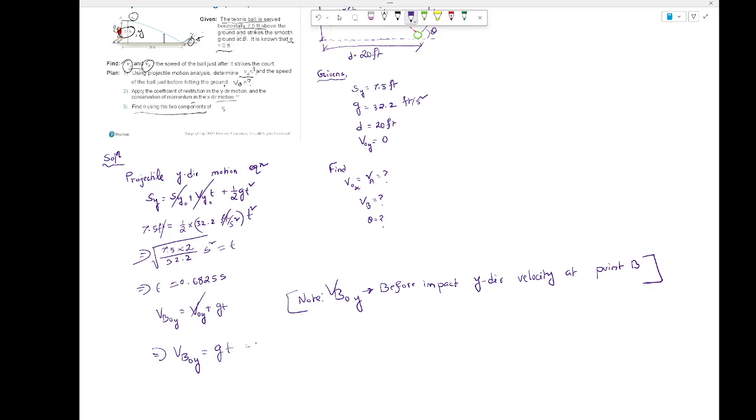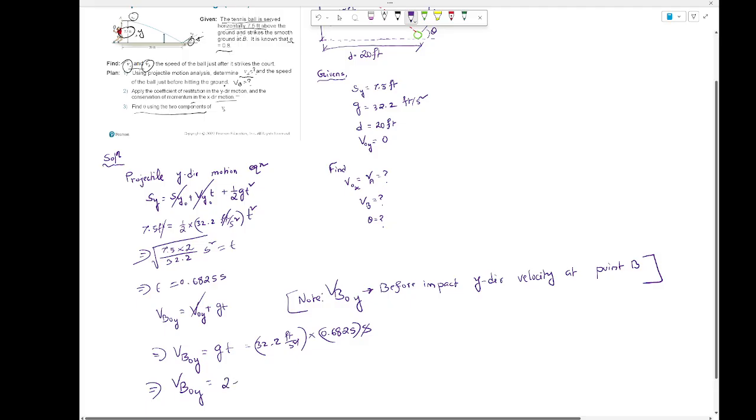You're going to start plugging in the values: 32.2 feet per second squared multiplied by the time, 0.6825, the time value we just found, right? Seconds. So the second squared and second are going to cancel out. So BV0y, if you do the math, you're going to come up with the value of 21.98 feet per second.